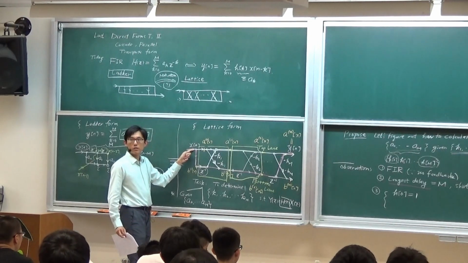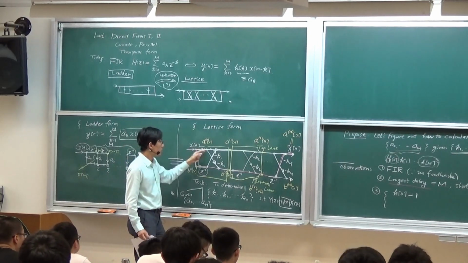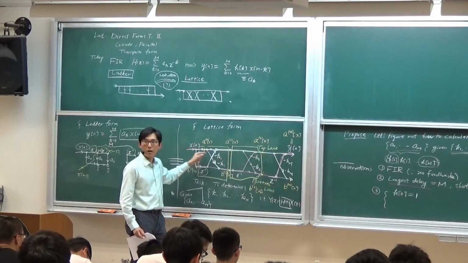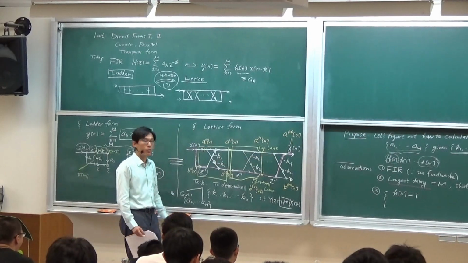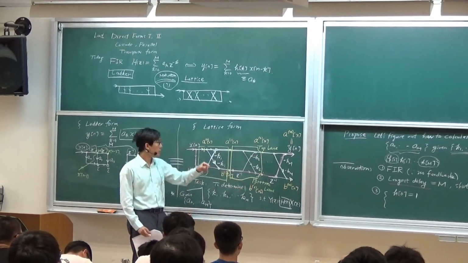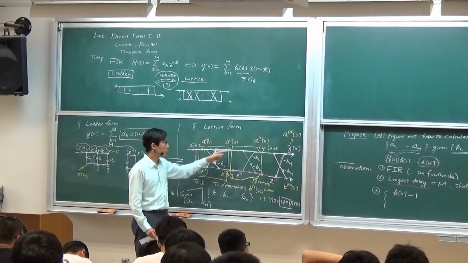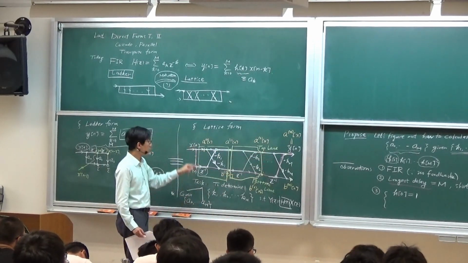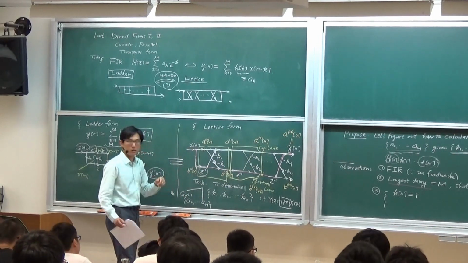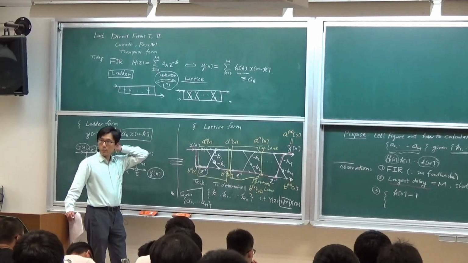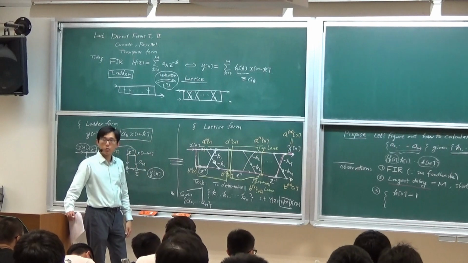The h of 0 corresponds to the only path which has no delay, and that path has a gain of 1. Whereas the longest delay, what's the corresponding sample value? This path.